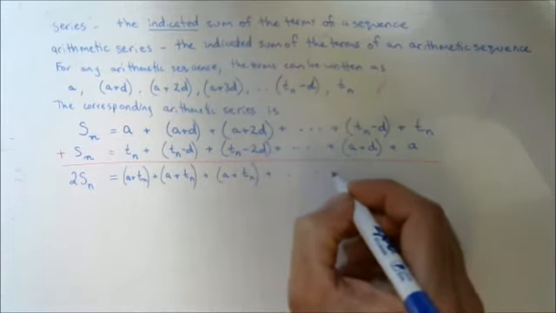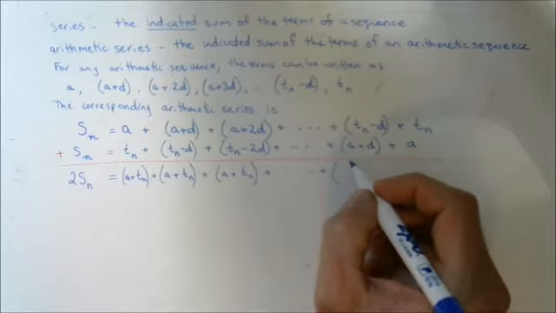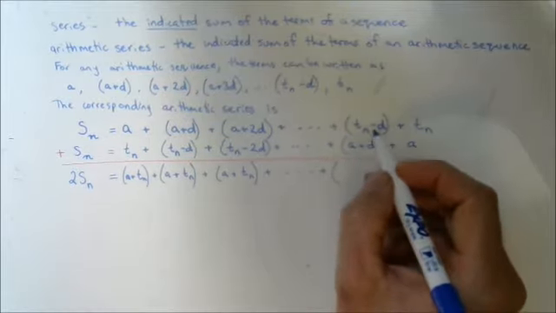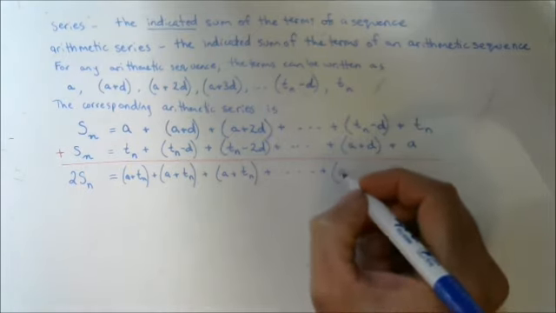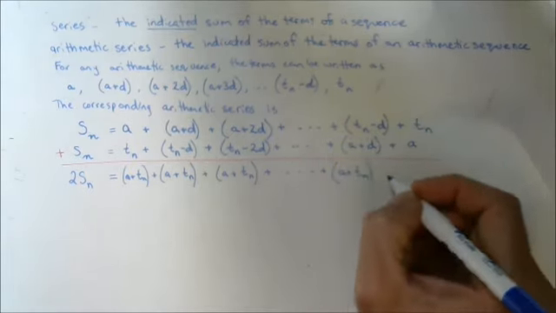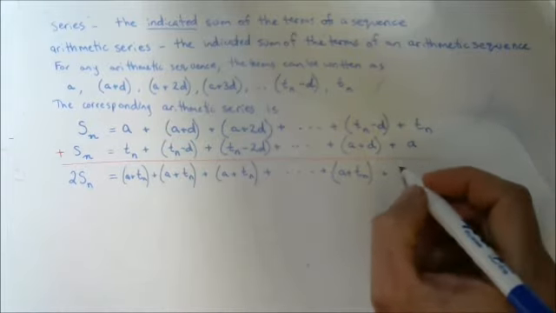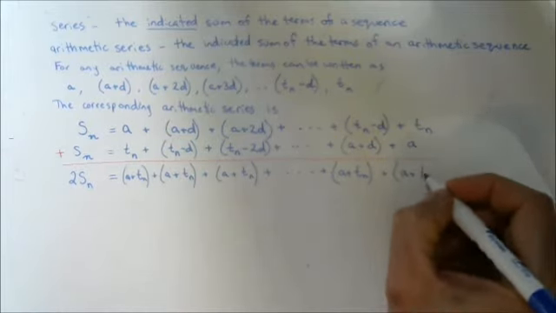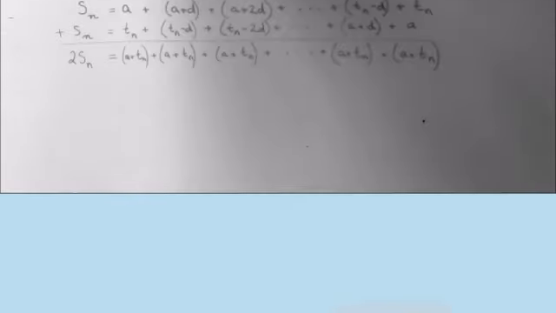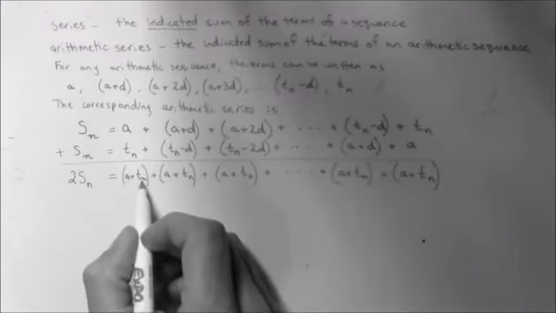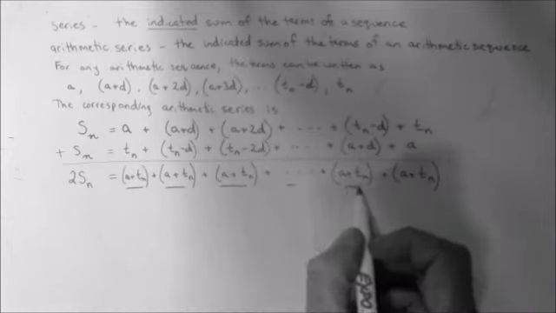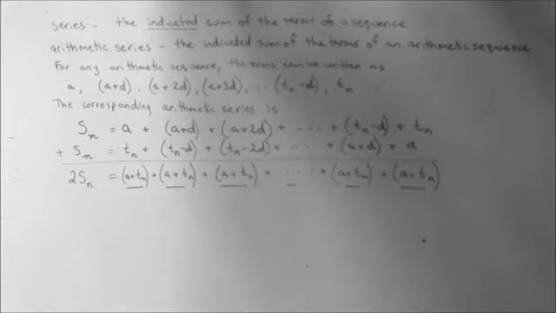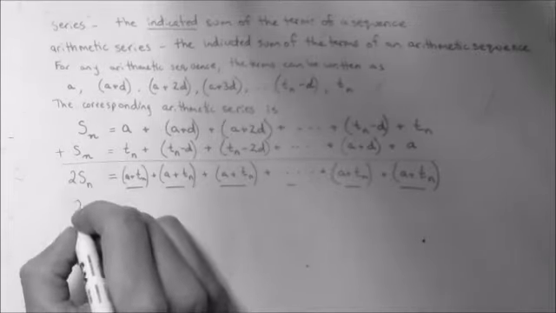And that continues all the way along until we get to the very end, and you can see what's happening there. Negative d, positive d. You're still left with a plus t n. And the sum of our last terms is also a plus t n. So we have this binomial, a plus t n, being added to itself over and over again. And repeated addition can really just be represented by multiplication.